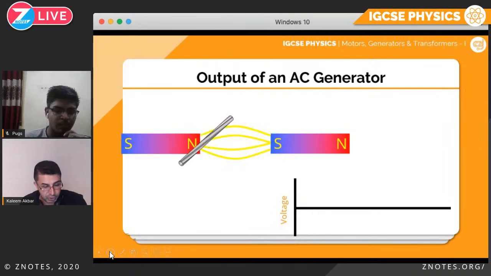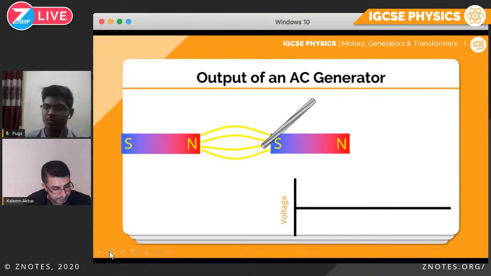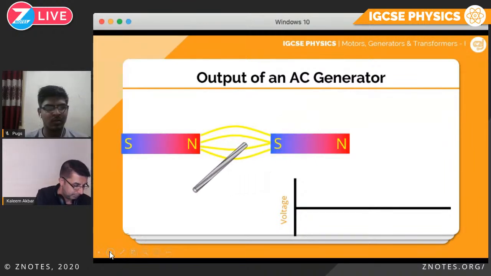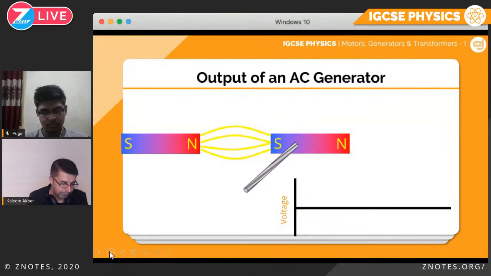Let me actually demonstrate this with my other camera. So just give me a second. I did have one going. Ah, there we go.